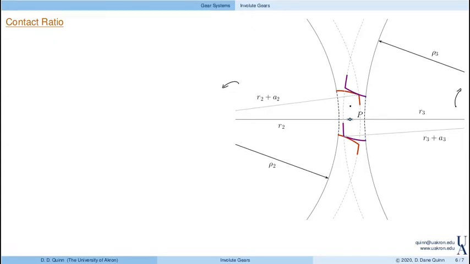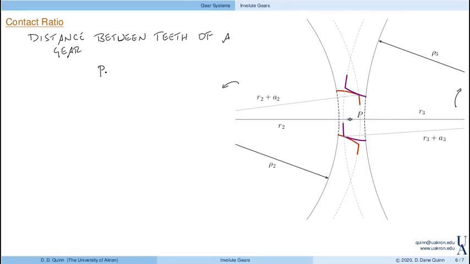Looking at the distance between teeth, that was given as the base pitch. This is the distance between teeth on an individual gear.